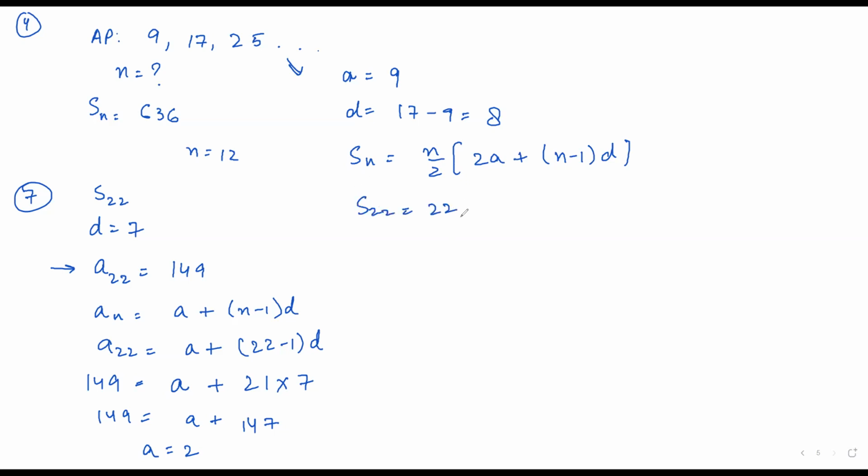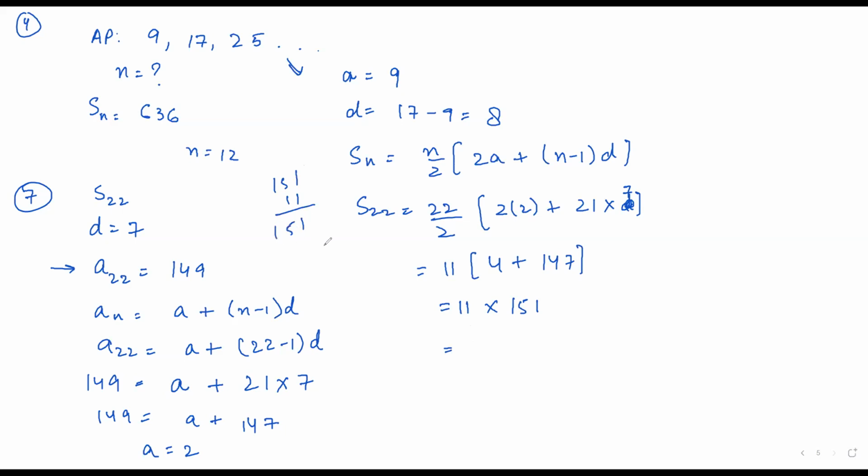So 22 by 2 into 2 into A is again 2 plus 22 minus 1 will be 21 into D. So you will get 11 into 4 plus, sorry, D is 7, so 147, right? That is 11 into, how much is it? 11 and then 151. Now you multiply this, 151 into 11. 1661, right?